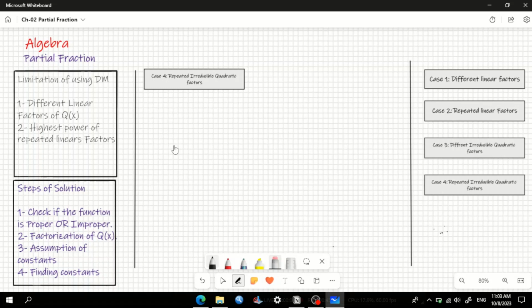Just follow these steps: check if the function is proper or improper, factorize q of x, assume the constants, and find the constants by the direct method or by the substitution method or by the comparison method. And don't forget the limitation of using the direct method. I hope all of that is clear, and thank you.